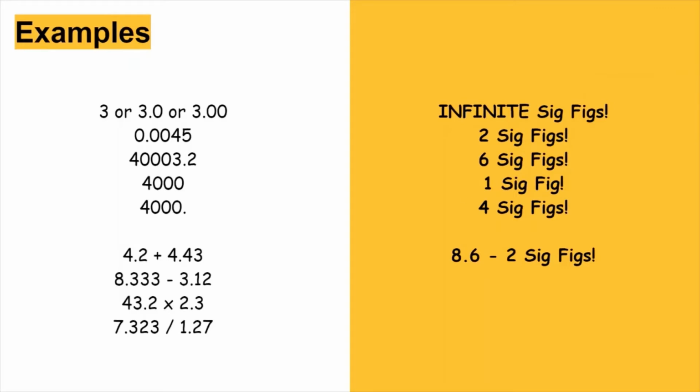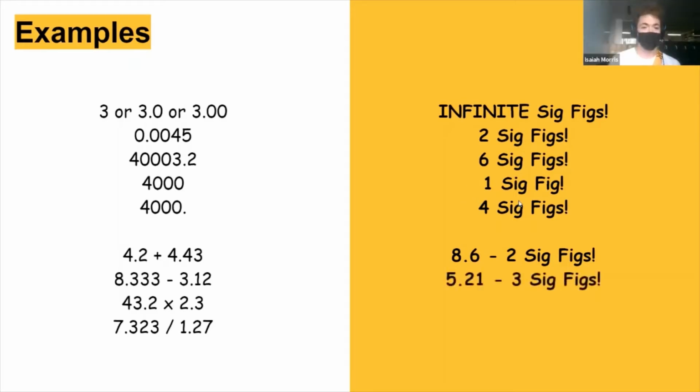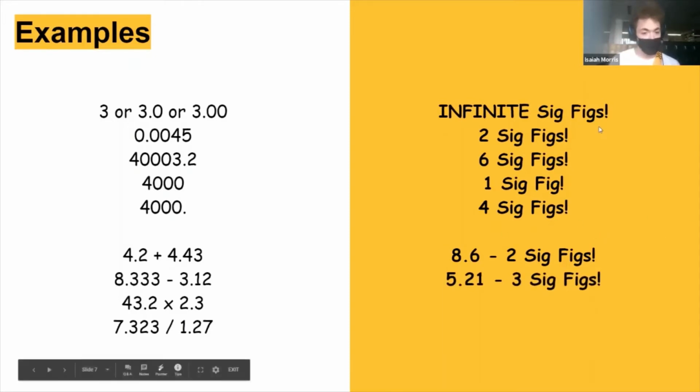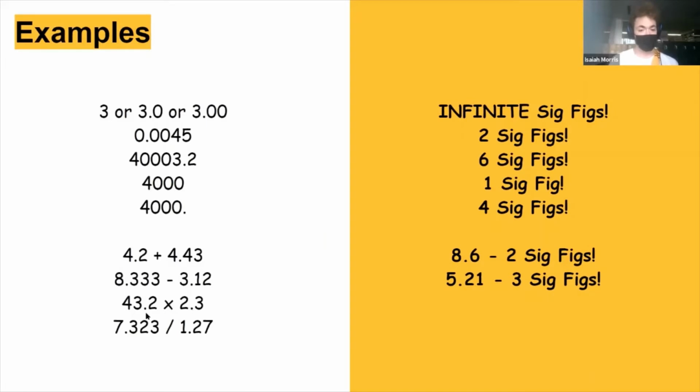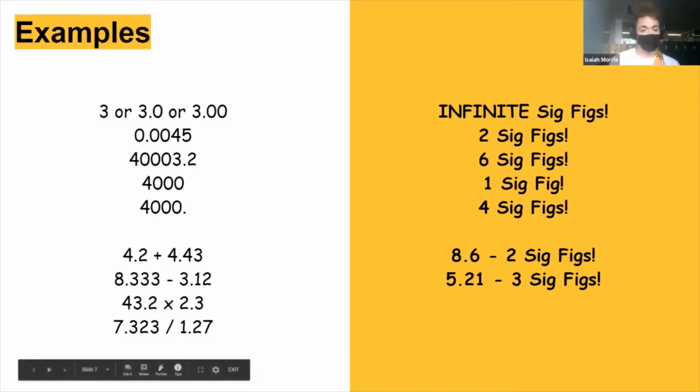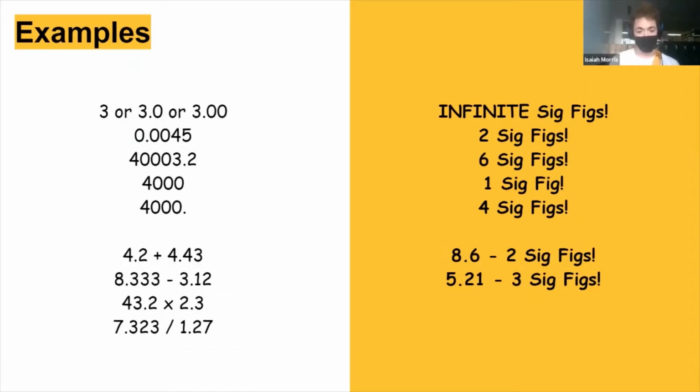5.21. There you go. Nice. 3 sig figs. Again, because of that after that decimal point. Nice job. All right, so now we'll go on to some multiplication. Would it be 99? It would indeed be 99, right? Because 2.3 has 2 sig figs, whereas 43.2 has 3.